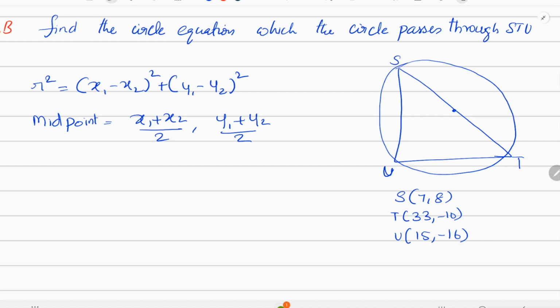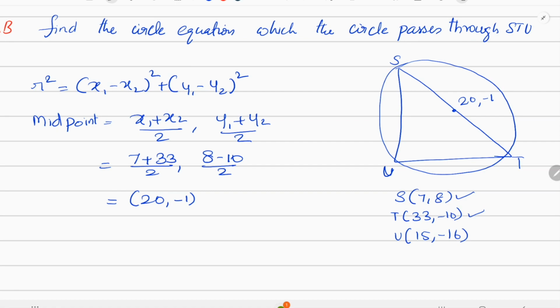First let us find the midpoint of S and T. Midpoint equals 7 plus 33 divided by 2 comma 8 plus minus 10 divided by 2, which comes to 20 comma minus 1. So this is the midpoint, 20 comma minus 1.